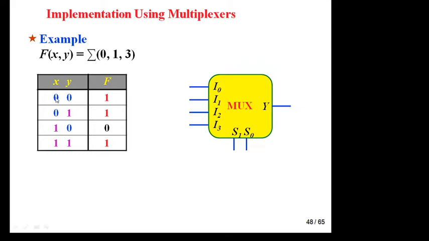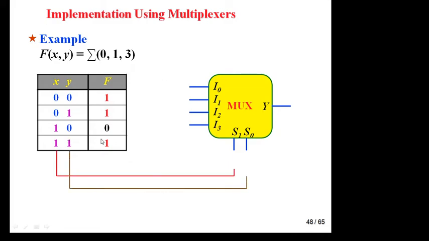So 0 0 is given: once the value is 0 0, I0 is selected, so it will be 1. This is 0 1: when 0 1, I1 is selected, it is given, so it will be 1. For 1 0, I2 is selected, but there is no minterm 2 here, so it will be 0. For 1 1, I3 is selected, its value is 1. So you can see here 1 1 0 1.